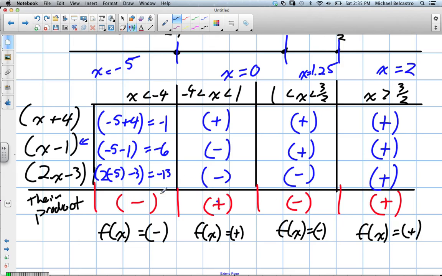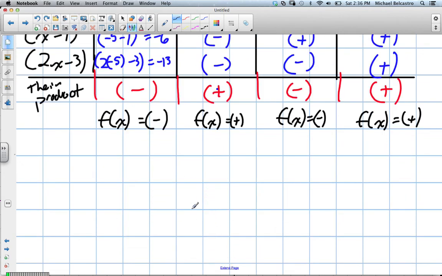And the reason for this is because of what we've done in our factored form. Remember, we're looking for, I'm not going to write f at x in this case, what we're going to say is greater than 0, right? We're looking for when this is greater than 0, where our factors were 2x plus 3, x minus 1 and x plus 4.